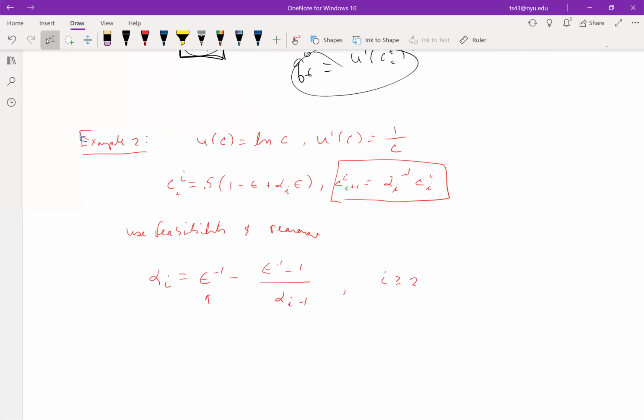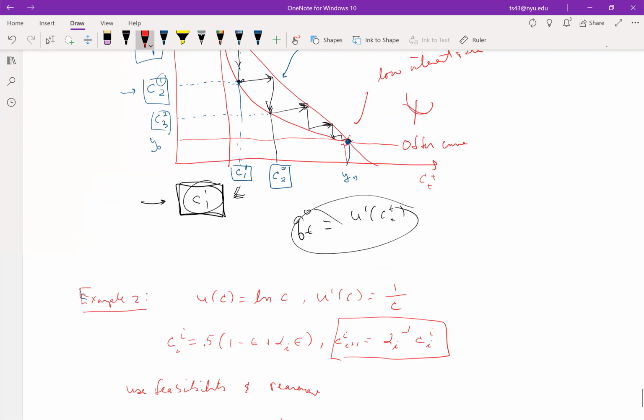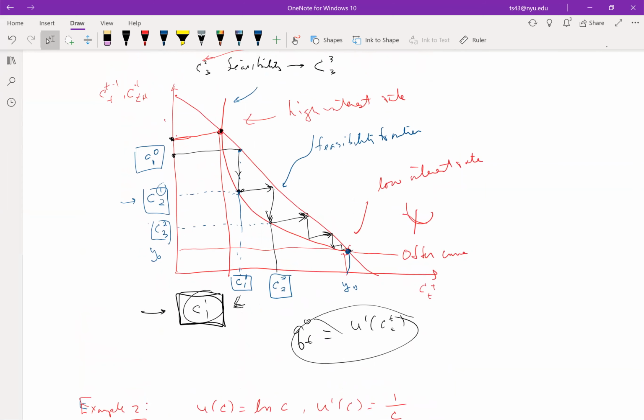So we actually start with an initial condition for alpha 1, which in this graph would be our initial slope on the offer curve. So for example, here's our offer curve, it would be that slope. I'm sorry, not that slope.